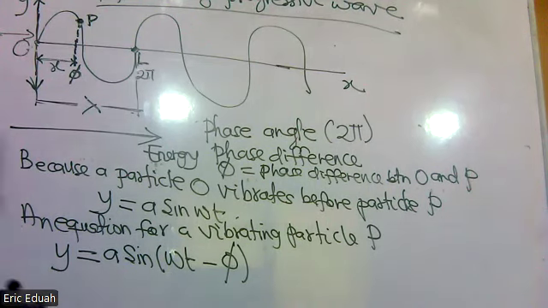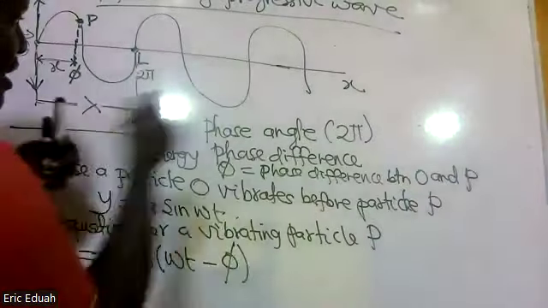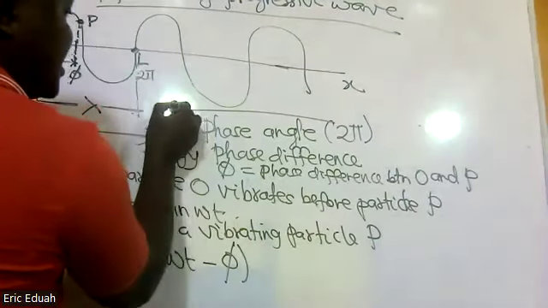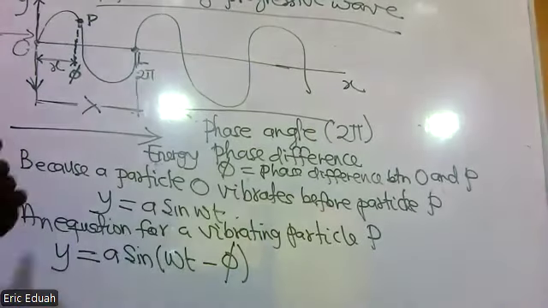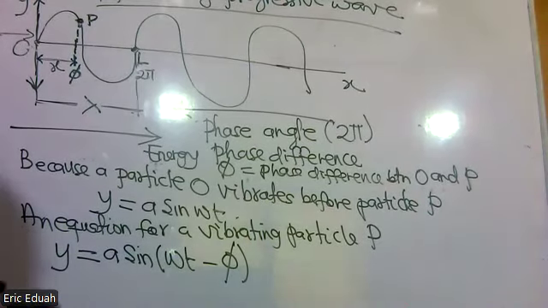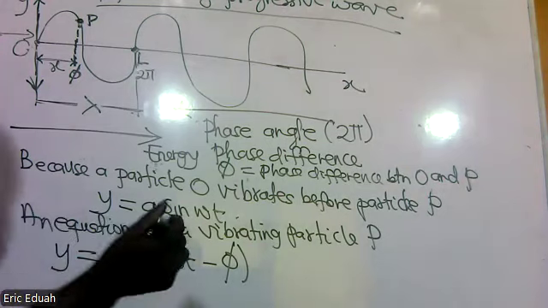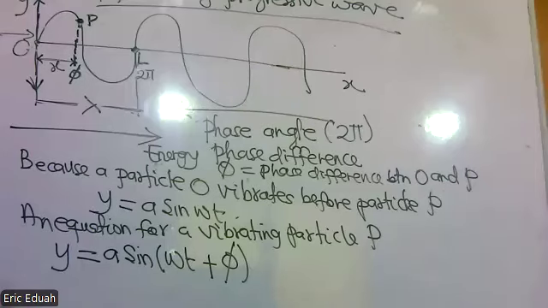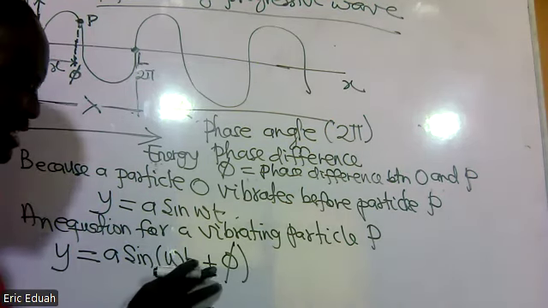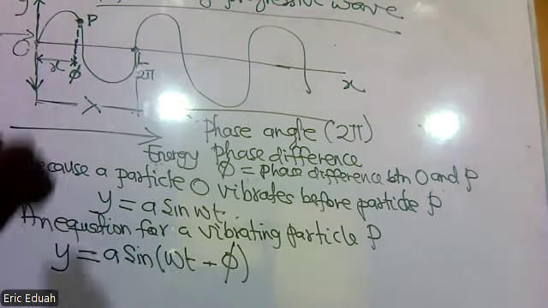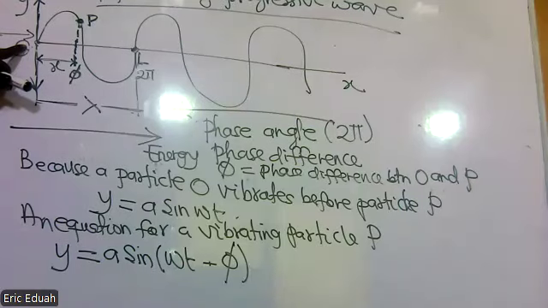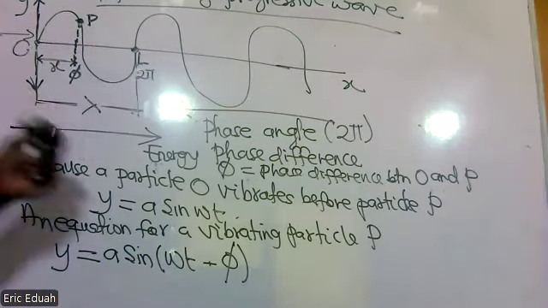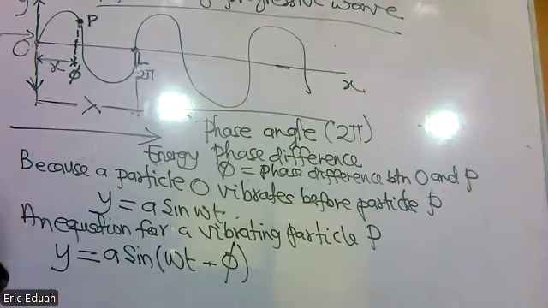Likewise, if the wave is moving from right to left, this time around, the particle P vibrates before O. So the difference is that this will change to plus, because P would vibrate before O and we are writing the equation for P. If the wave is moving from left to right, particle O vibrates before P, so P lags behind O in terms of vibration.